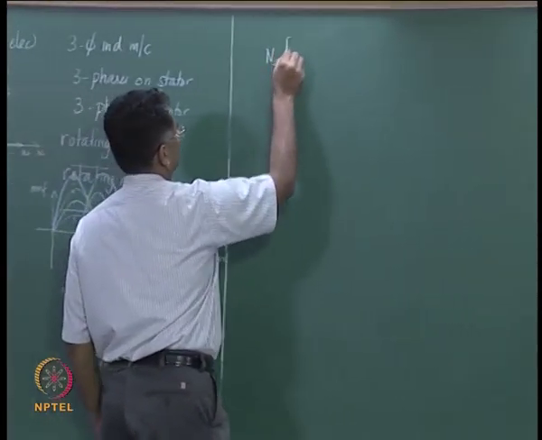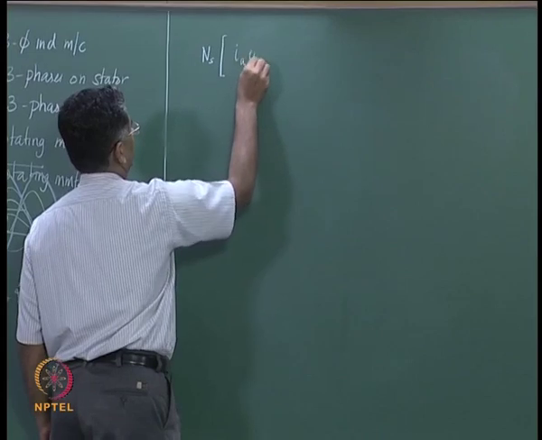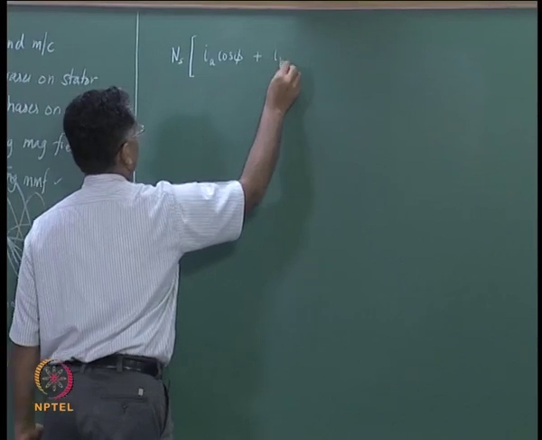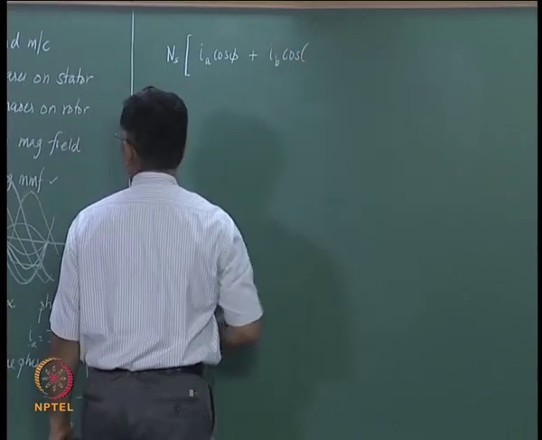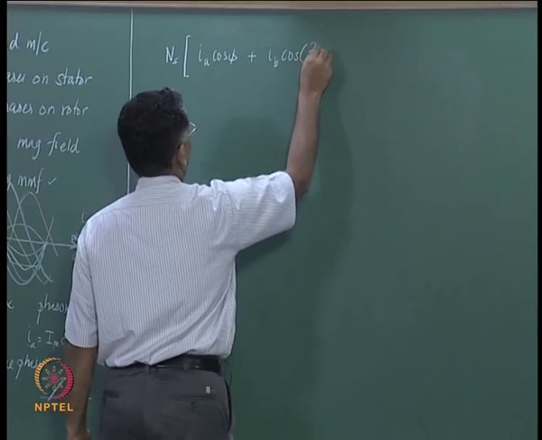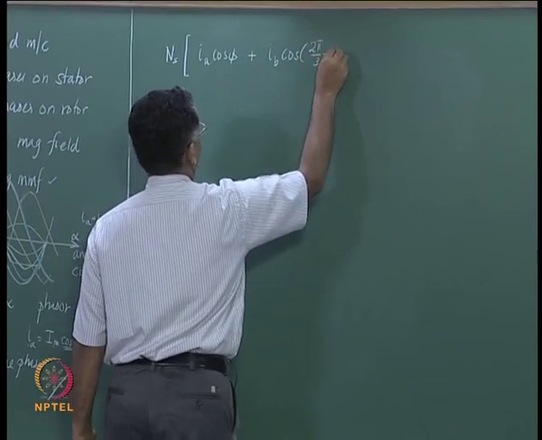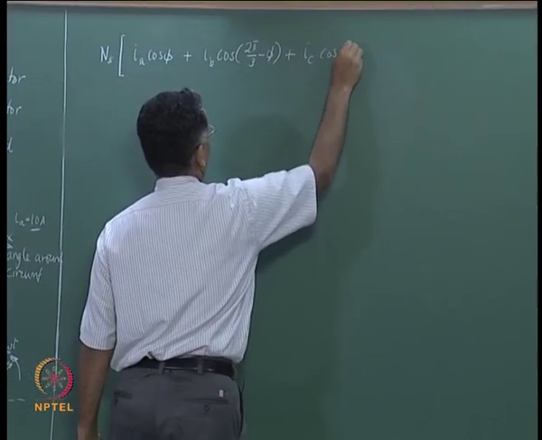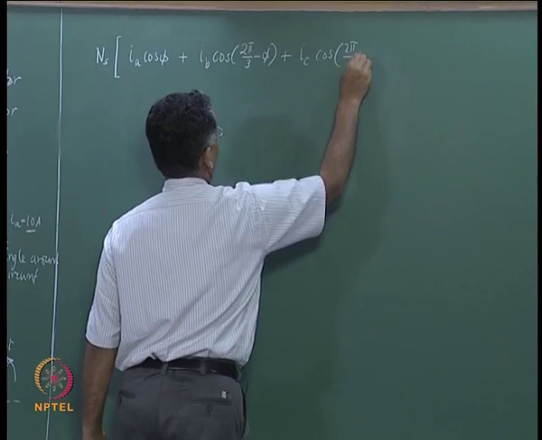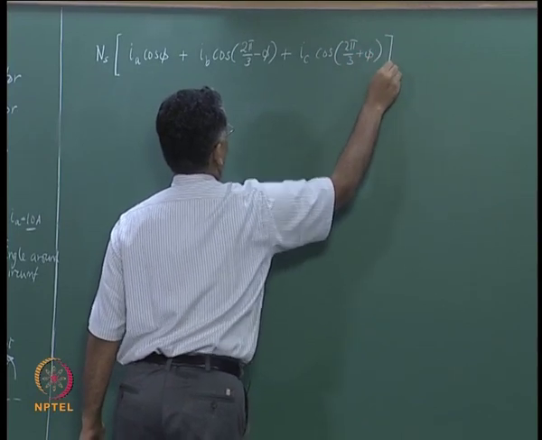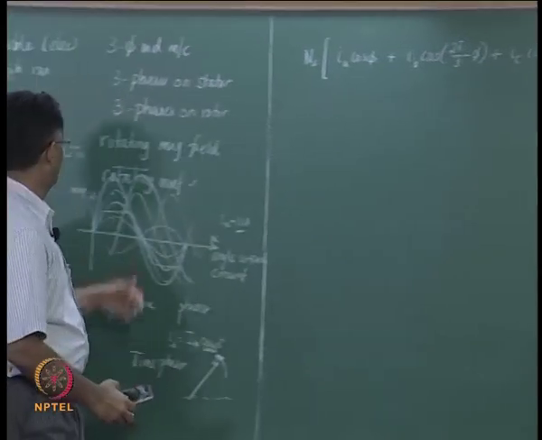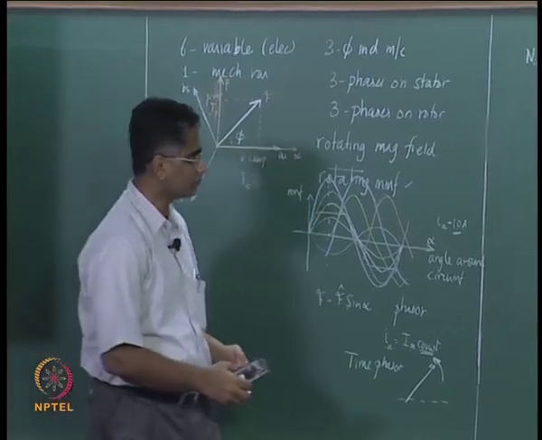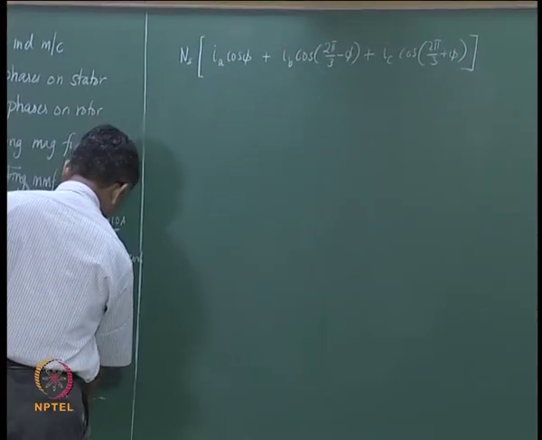So, Ns multiplied by Ia into cos phi plus Ib into cos of 2 pi by 3 minus phi plus Ic into cos of 2 pi by 3 plus phi is the MMF that is acting along this phase. So, let us expand this expression.